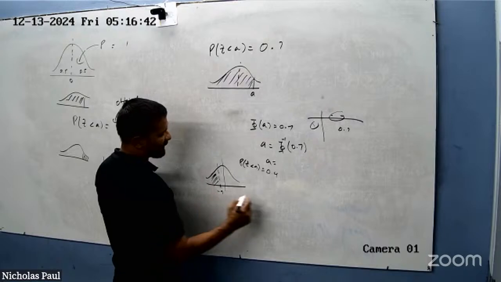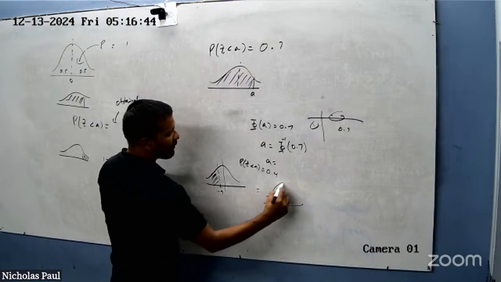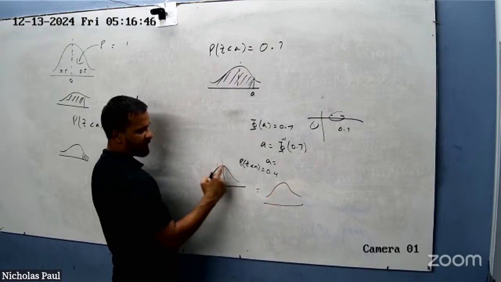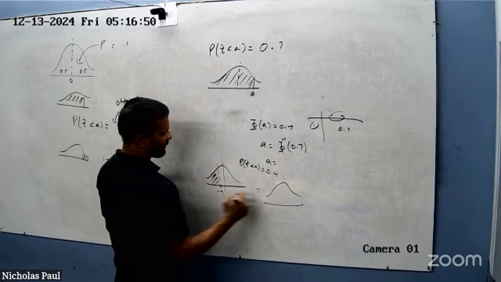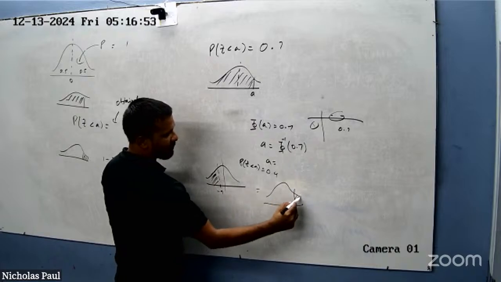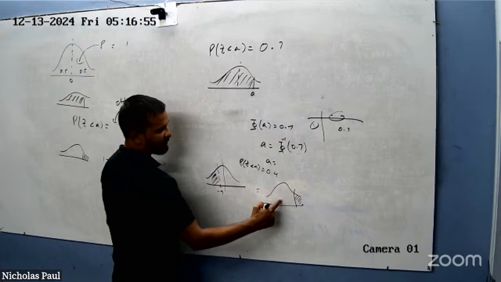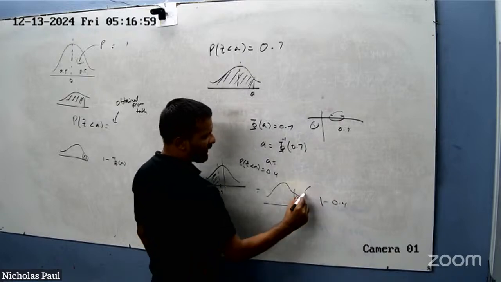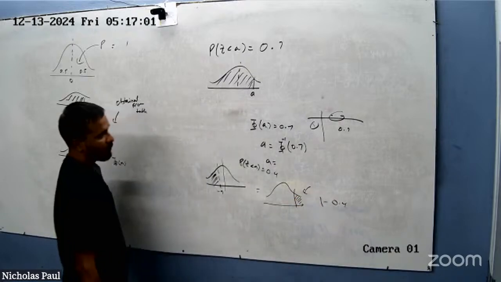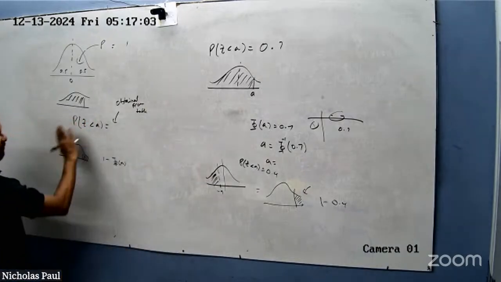Because this distribution is symmetric, we have to get the reverse. So this is the same as this. To get this value, it is 1 minus 0.4. Then you find the inverse of that. Everything here works.